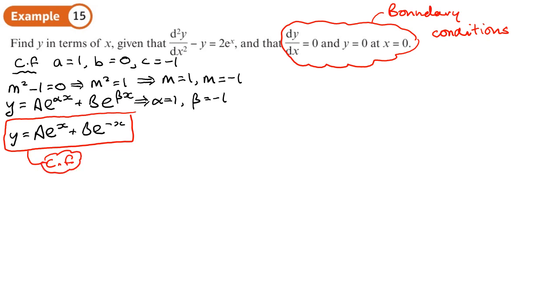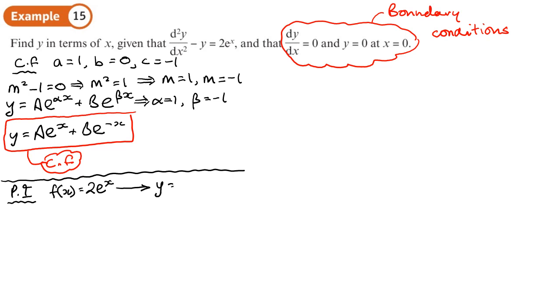So the next thing I need to do is to find my particular integral, PI. Now, because my f of x is in this form, 2e to the x, you may want to try a particular integral of this form, y equals lambda e to the x.